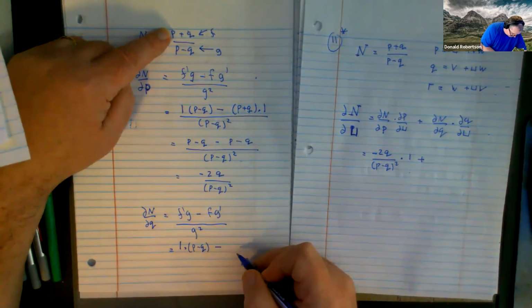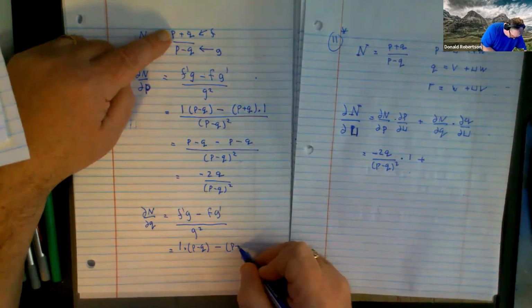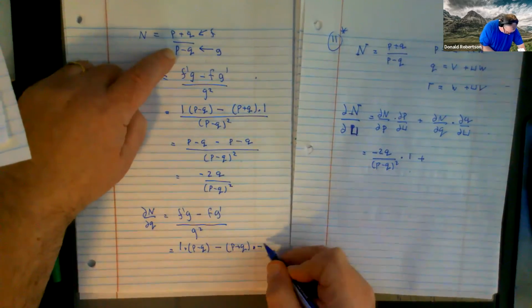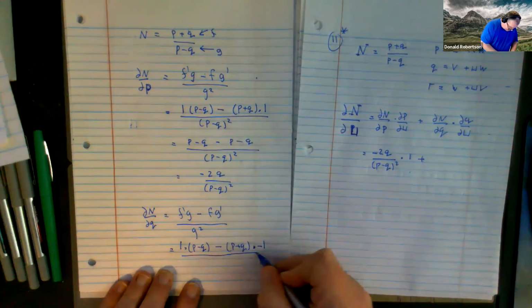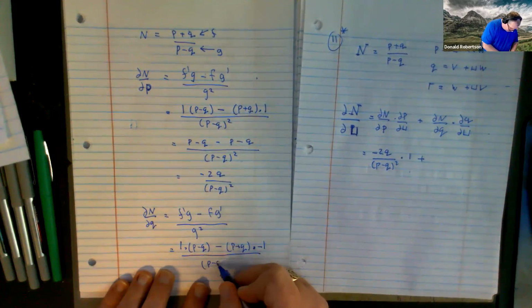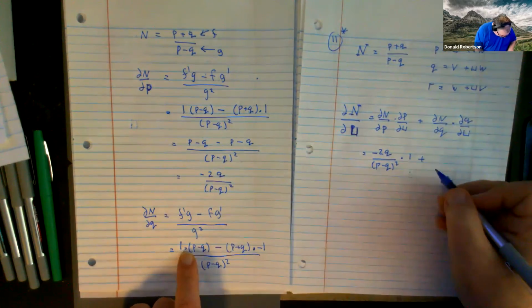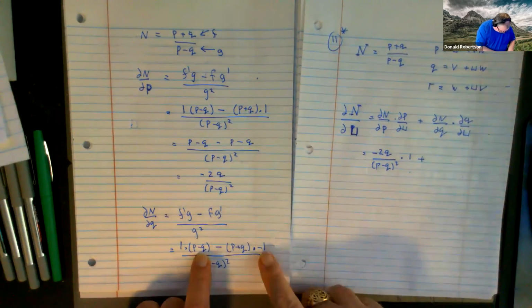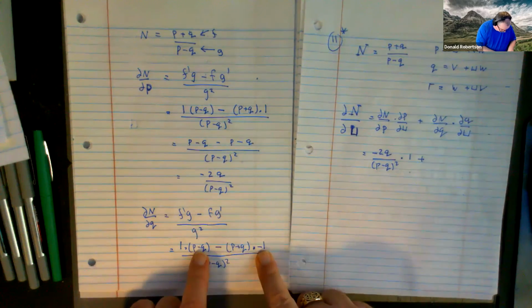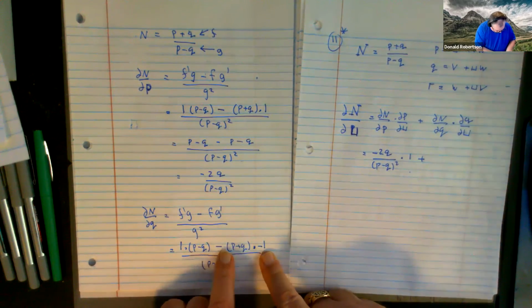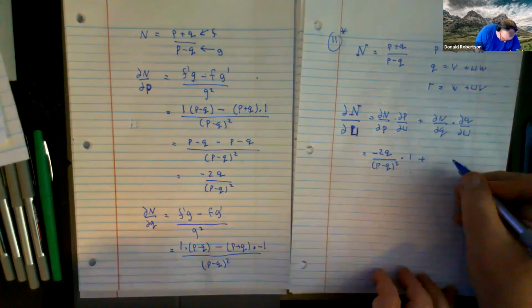Subtract, leave the top alone. And then differentiate the bottom with respect to q. You get negative 1. And then square the bottom. So what do I get on the top? I get p minus q. That becomes p minus q because they cancel out. P minus q add p plus q. So you get 2p.